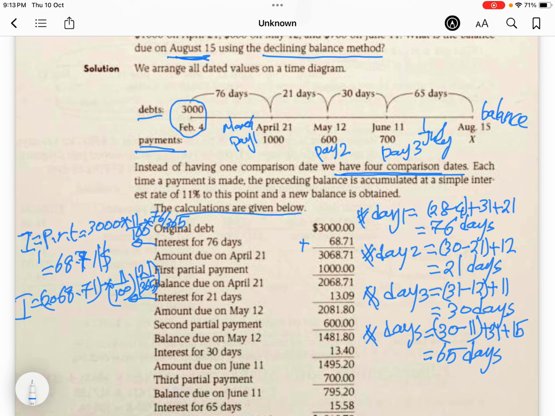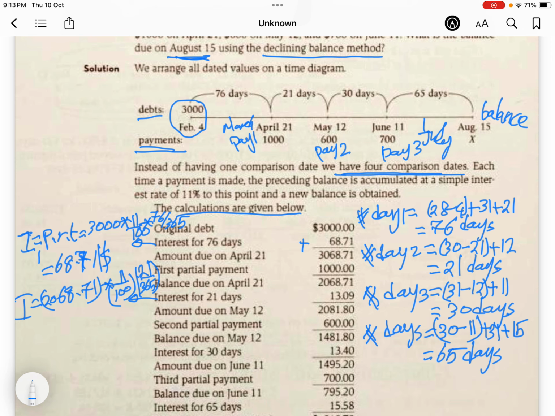I will calculate it: 2,068.71 multiplied by 11 multiplied by 21 divided by 36,500.